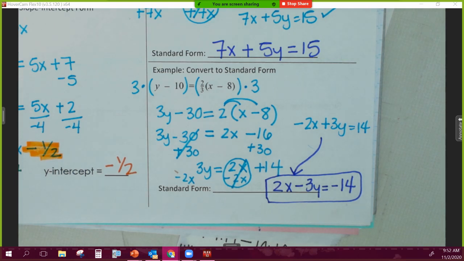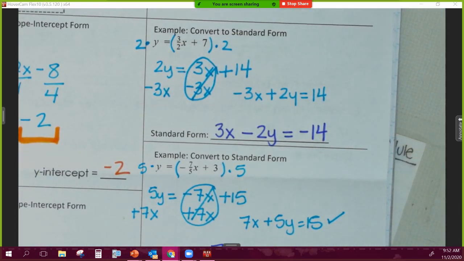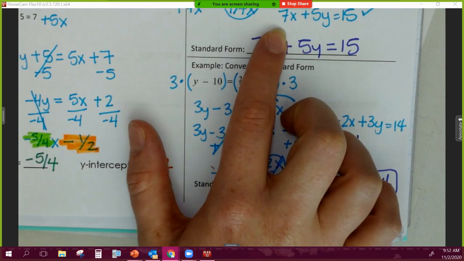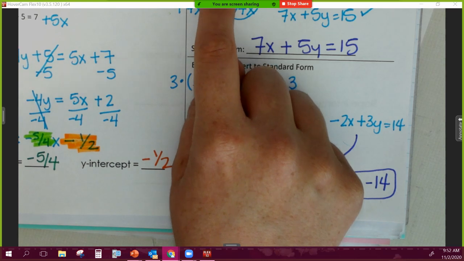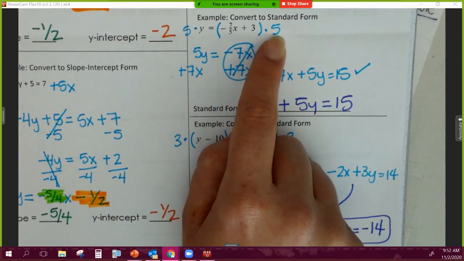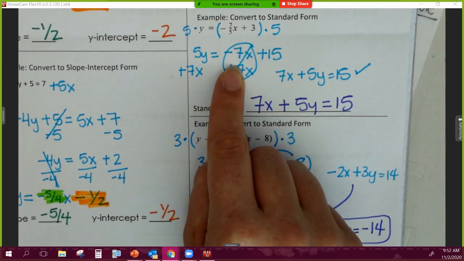Any questions so far on the front side? For the very top one, the right side, how did you get 7? Wait, no, for the second one. This one? Minus 7. Oh, because it was negative 7/5 multiplied by 5, and the 5 will cancel in the denominator, and you're left with negative 7.